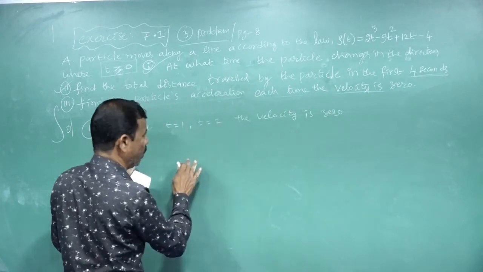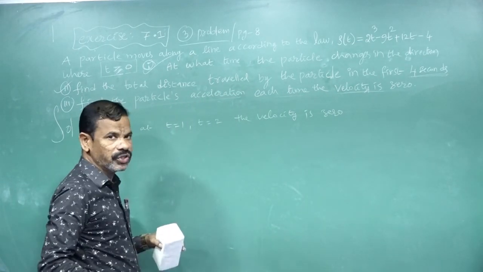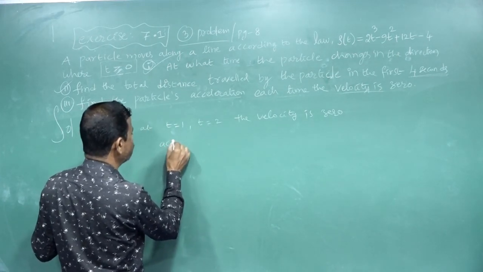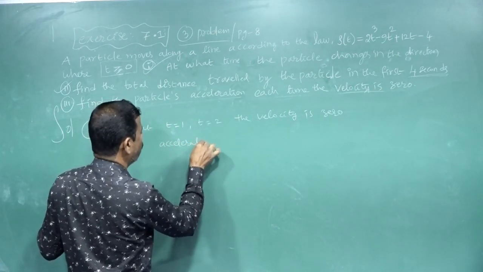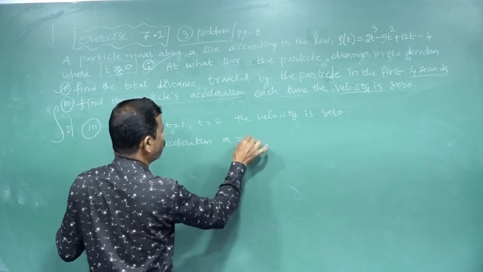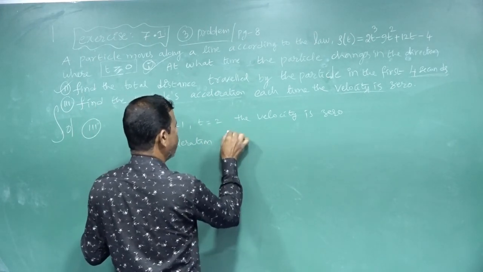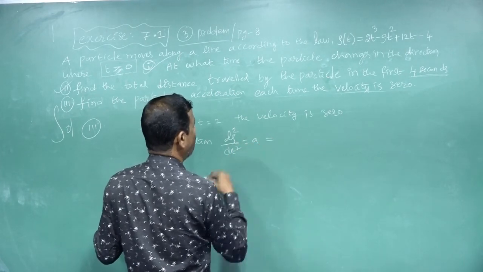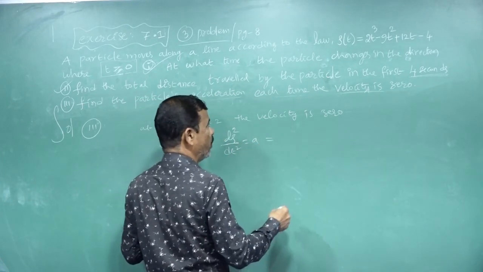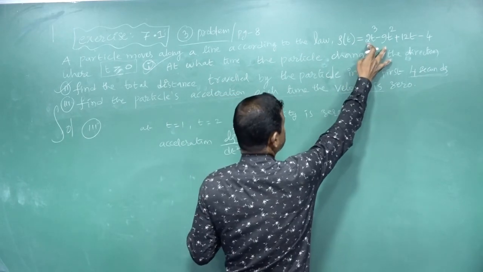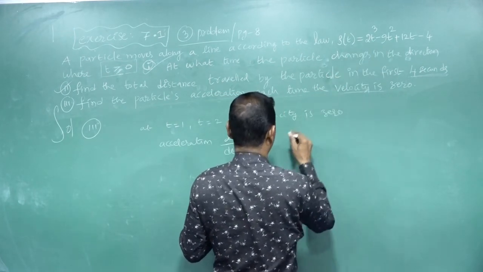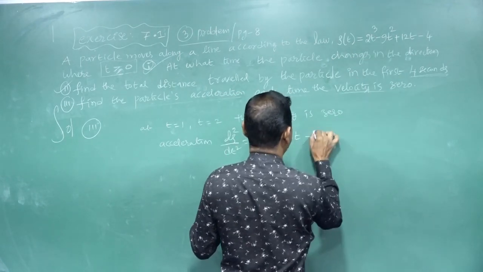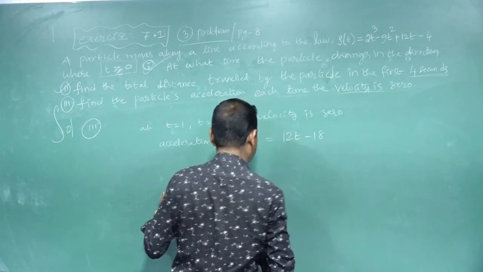At these values, how much is the acceleration? Acceleration a is equal to d square s by dt square. Previously this value was 6 into 2, 12t, minus 18. This is the acceleration.